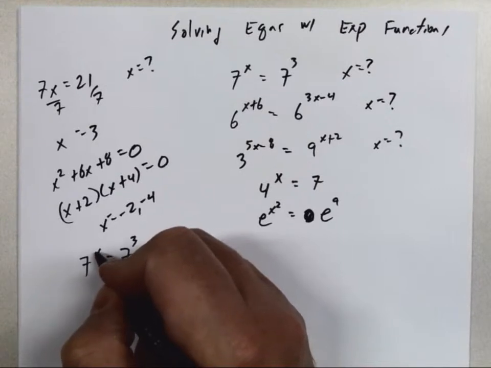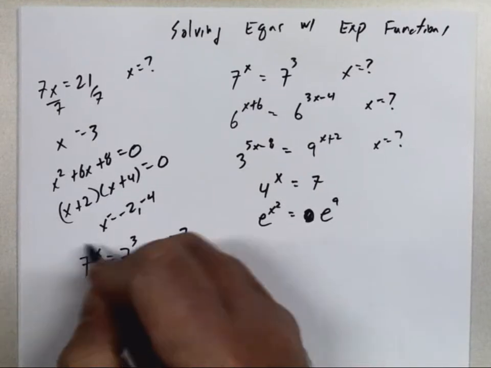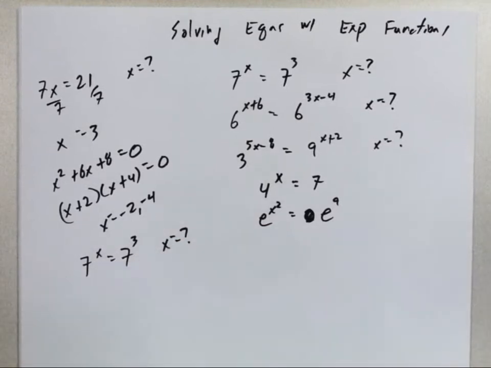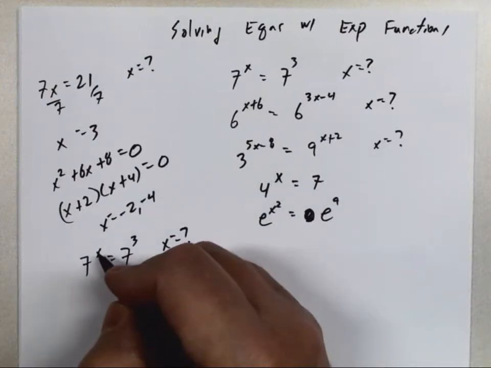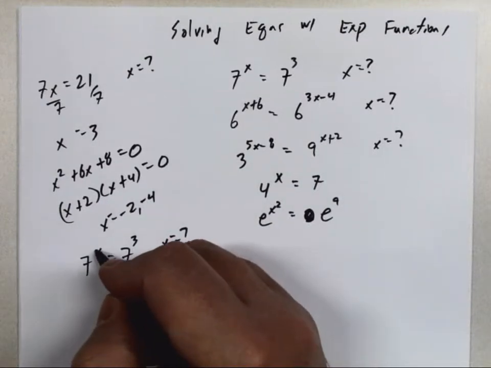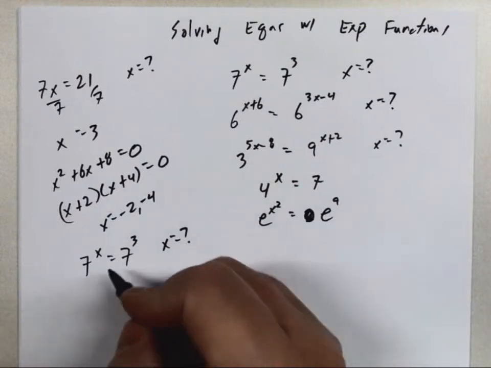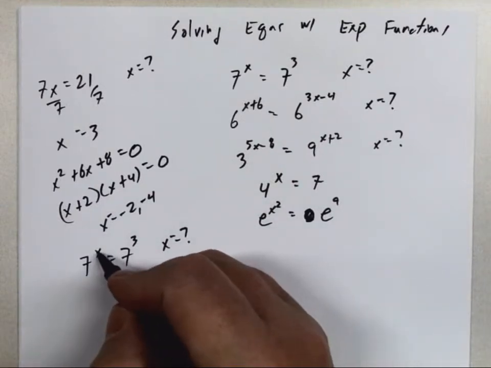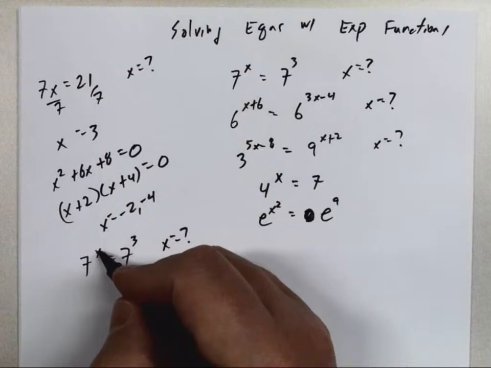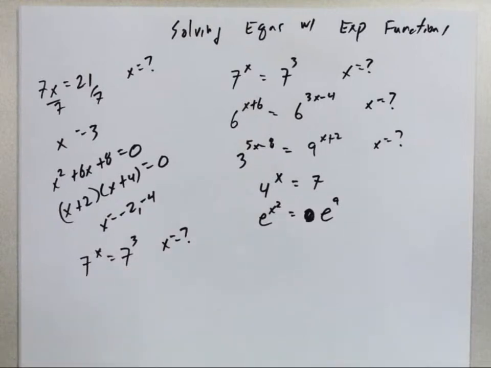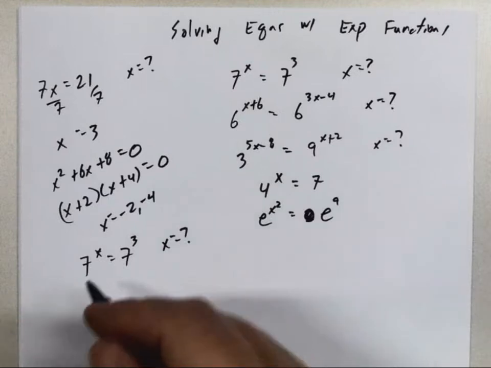I'm trying to rearrange this equation, move things around, do things to get x by itself on one side. But right now my x is stuck up here in the exponent. It's like I can't even get at it. I somehow need to bring this x out of the exponent to where I can solve for it.